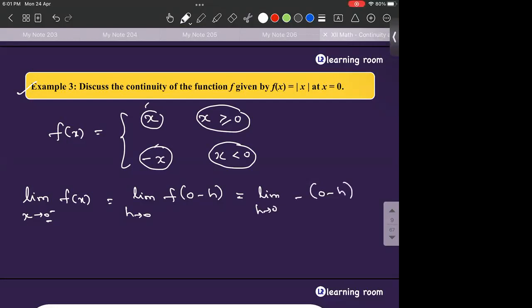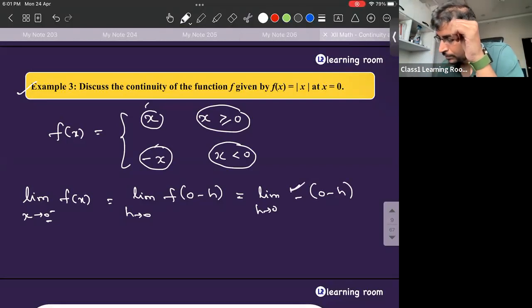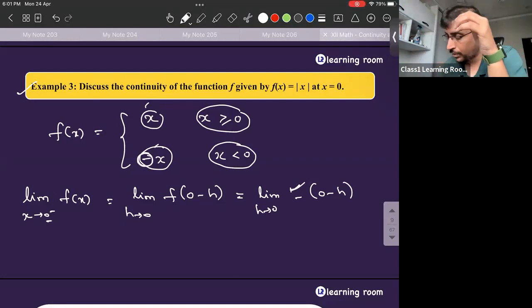So, limit h tends to 0 of minus of 0 minus h. Why minus? Because there is a minus here. Minus of, in the place of x, you will put that 0 minus h. So, what will you get? Answer will be 0 only.